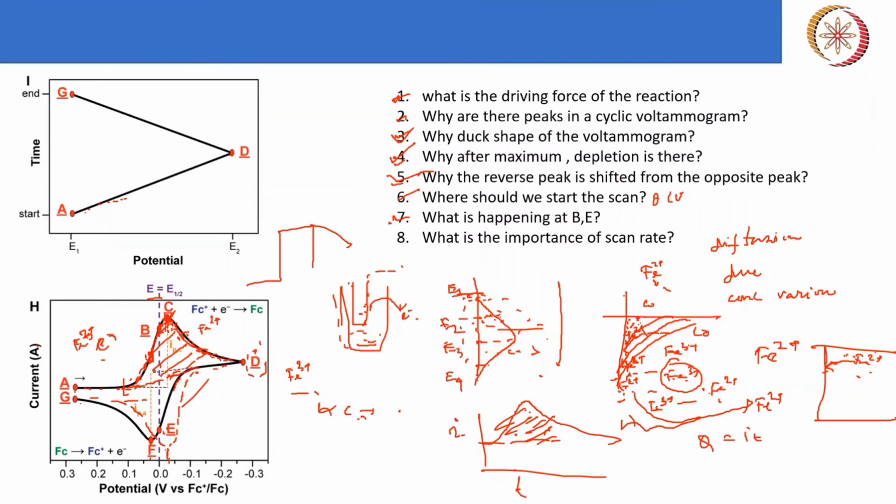So basically in this B and E, what is happening is basically E half.